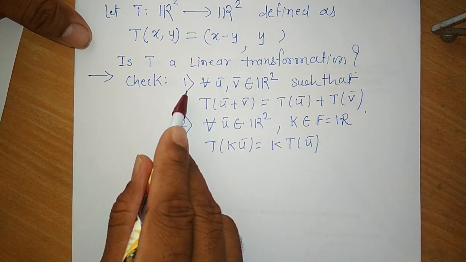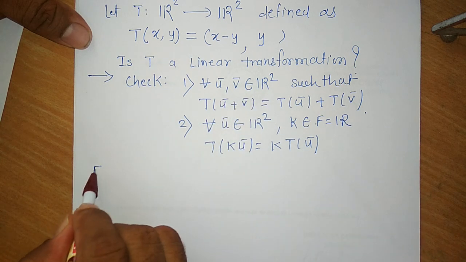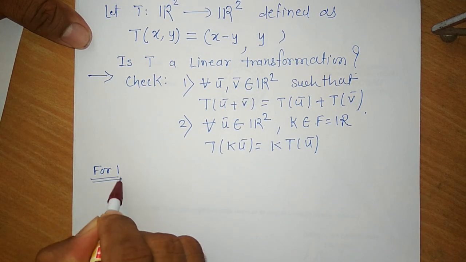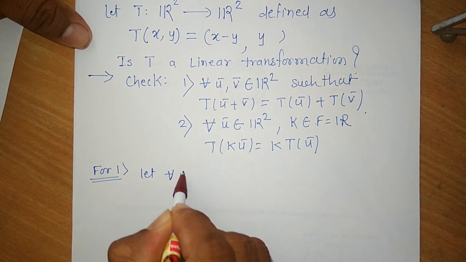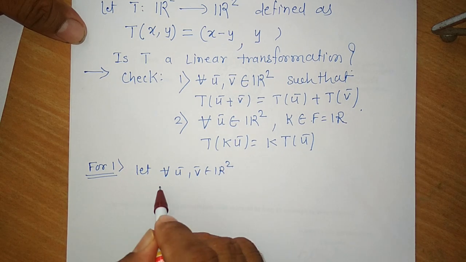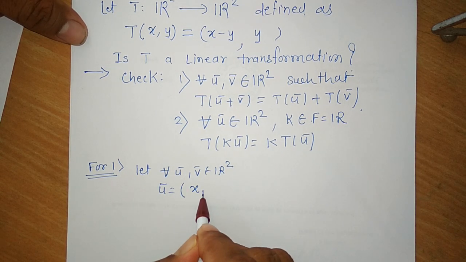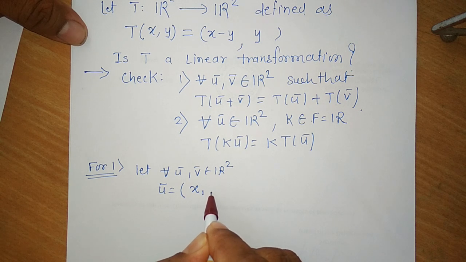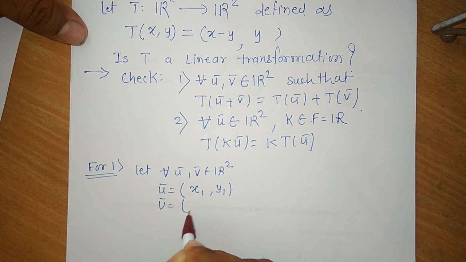So we check the first condition. For that we need two vectors in R raised to 2. Let u bar and v bar be any two vectors in R raised to 2. Let u bar be the vector x1, y1, and suppose the vector v bar is x2, y2.